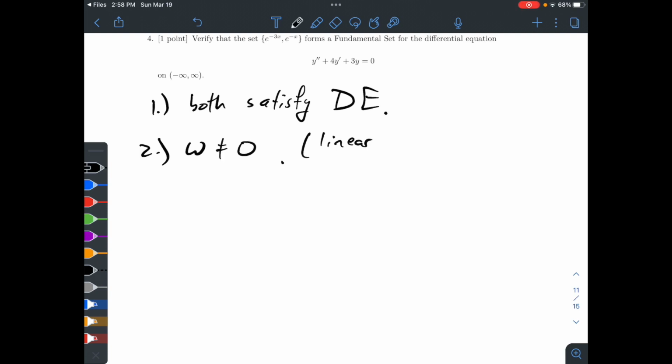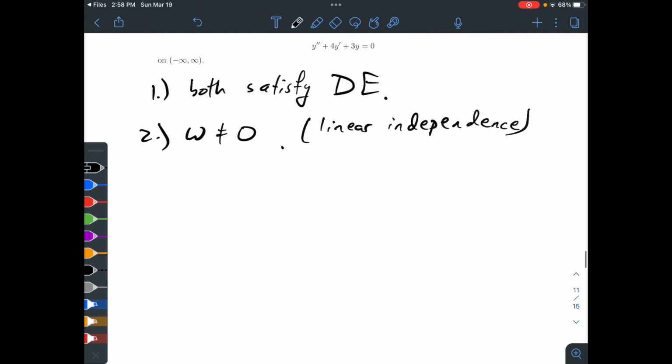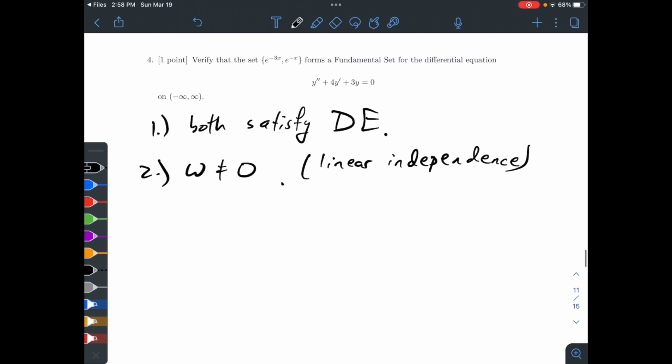This shows that they are linearly independent. Showing that the Wronskian is non-zero, I'll skip that because we already did one of those kinds of problems in the beginning. Showing that they satisfy the differential equation, maybe let's just do it for one.